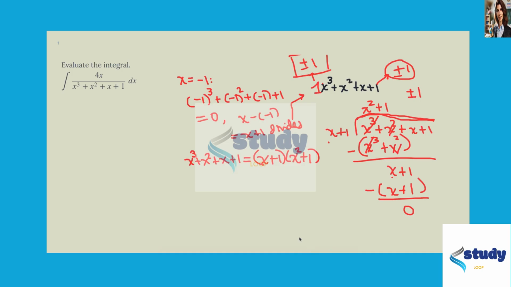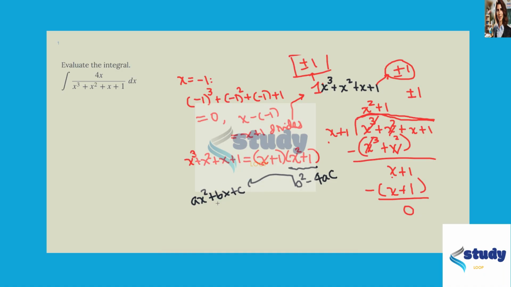And then once more, we go to this quadratic term, and we'd like to see whether or not that factors. So here you just check the discriminant, b squared minus 4ac, where the a, b, and c are just the coefficients of an arbitrary quadratic polynomial.